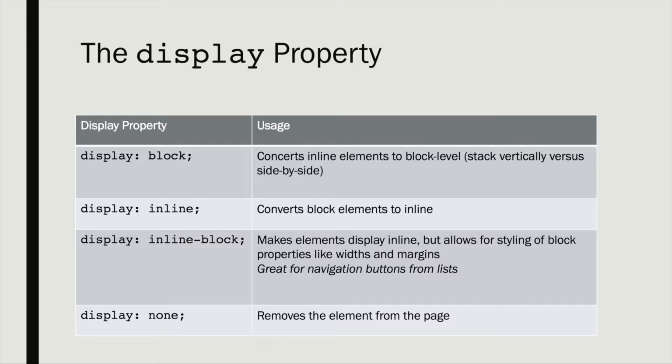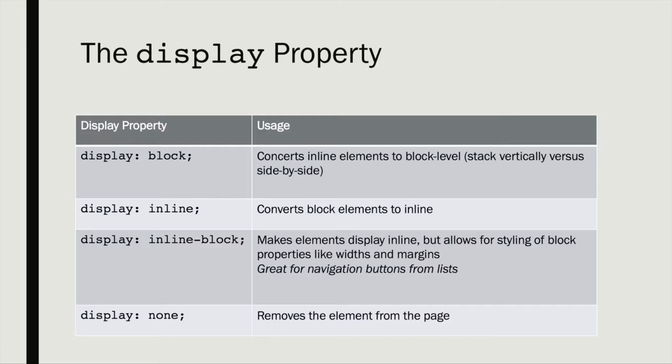You have display inline, which converts block elements to inline, the exact opposite of the previous one. You can say display inline-block, which makes elements display inline but allows for styling of block properties like widths and margins. This is a great tool for navigation buttons when created from unordered lists.